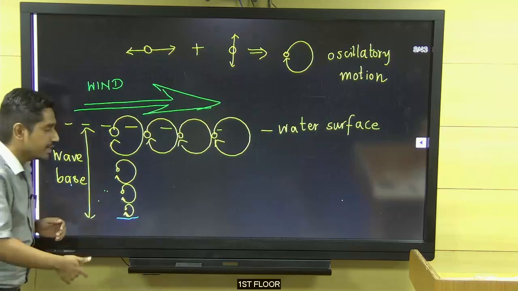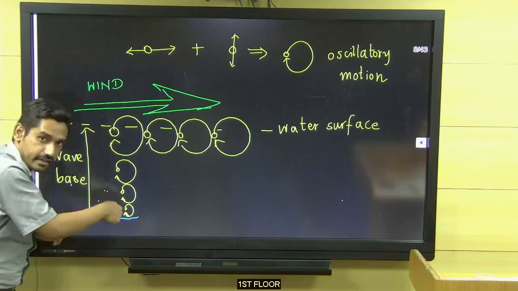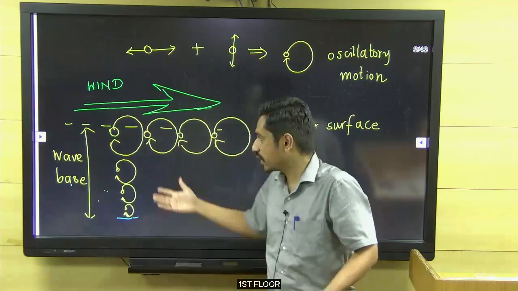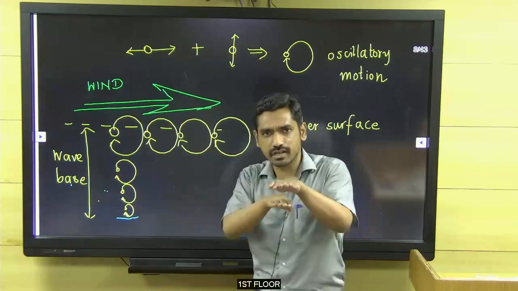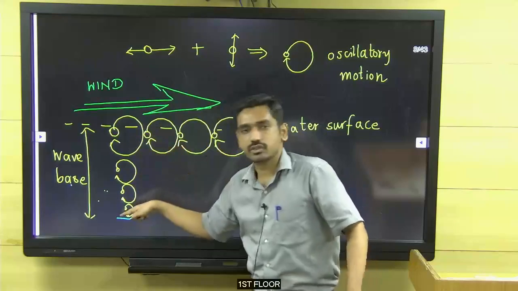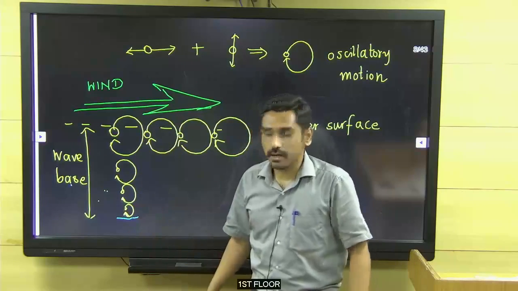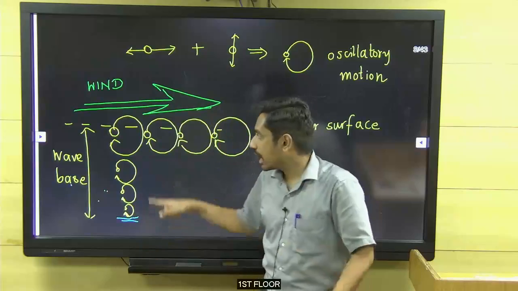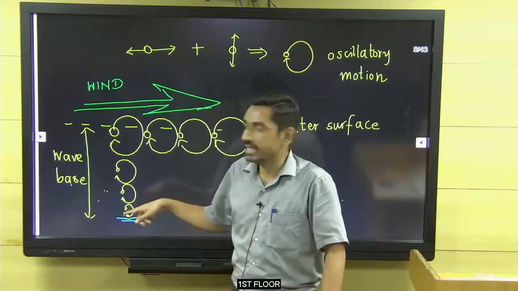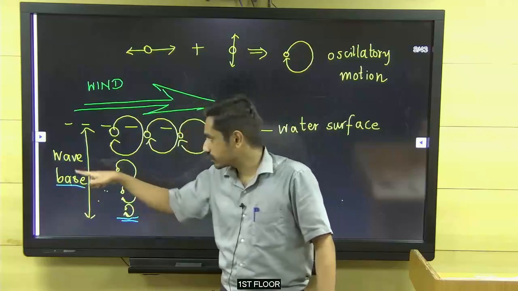The reason is that with every descending layer there will be more energy loss due to friction, because it's not that it's always permanent, right? There will be a certain amount of friction between water layers, so you cannot transfer energy beyond a depth. The depth up to which you can transfer energy vertically downward is called the wave base. That's what I've written here.